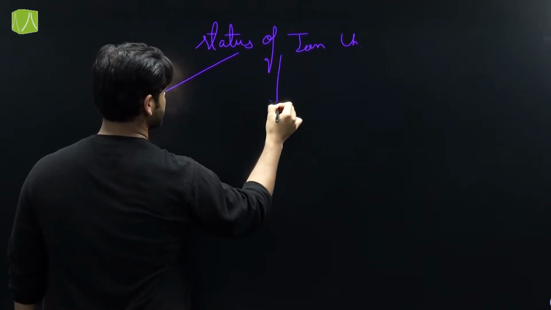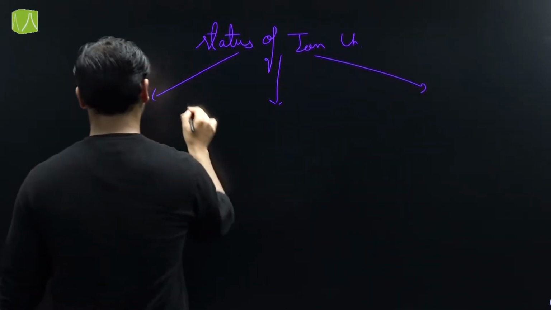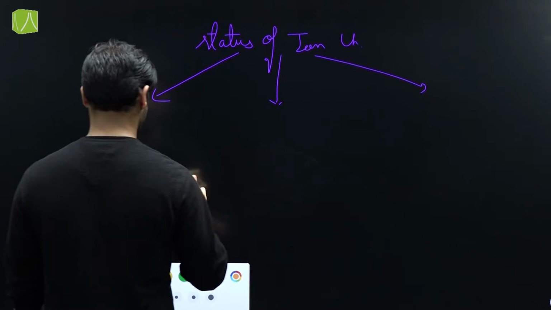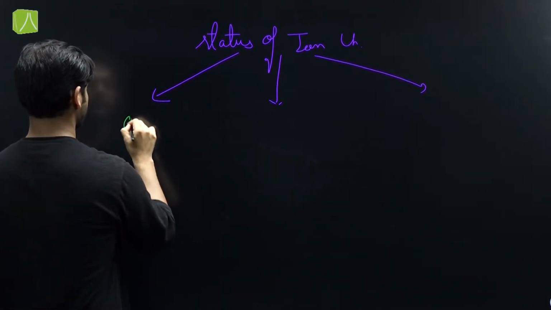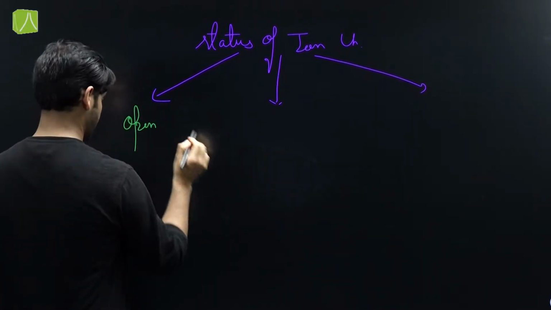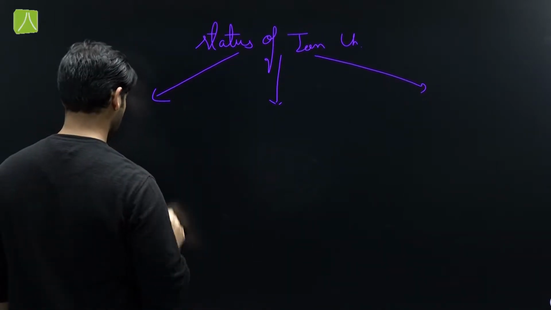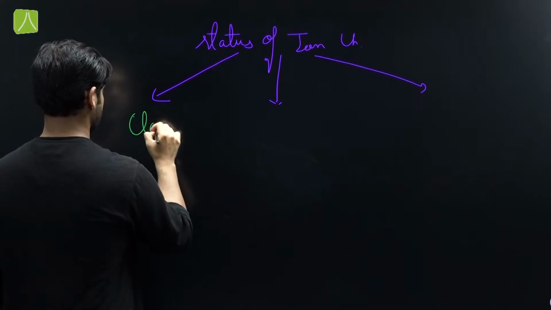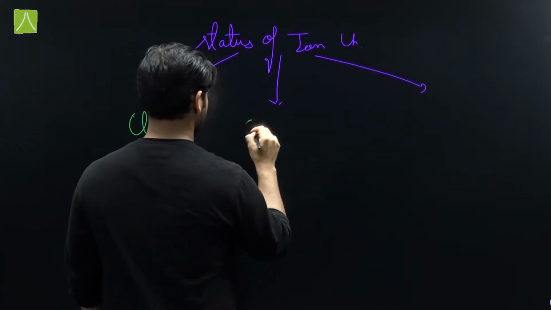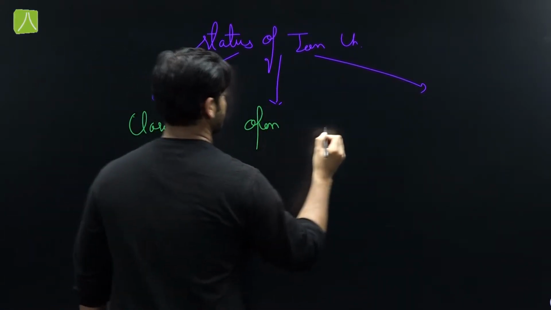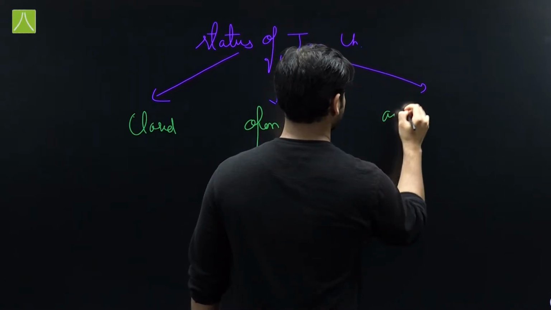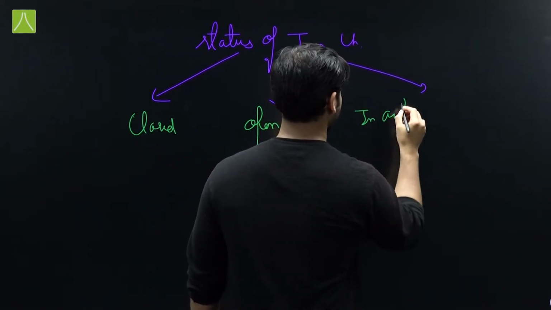We have 3 status, 3 stages of ion channel. One is open. First we must look for the closed one. Closed. This is open, and last is inactivated, deactivated.